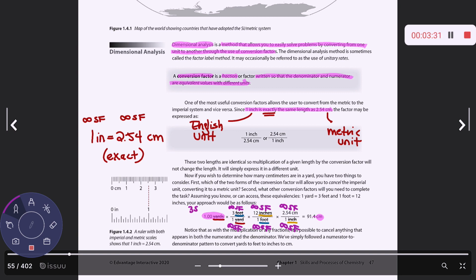So here I have 3 significant figures in 1.00. And since everything else has infinite sig figs and I'm multiplying and dividing, that means my final answer will have the same number of sig figs as the fewest, which would be 3. Does this make sense? And I'm going to be pointing this out as we move along and do problems like this. Okay, let's take a look at the next page.